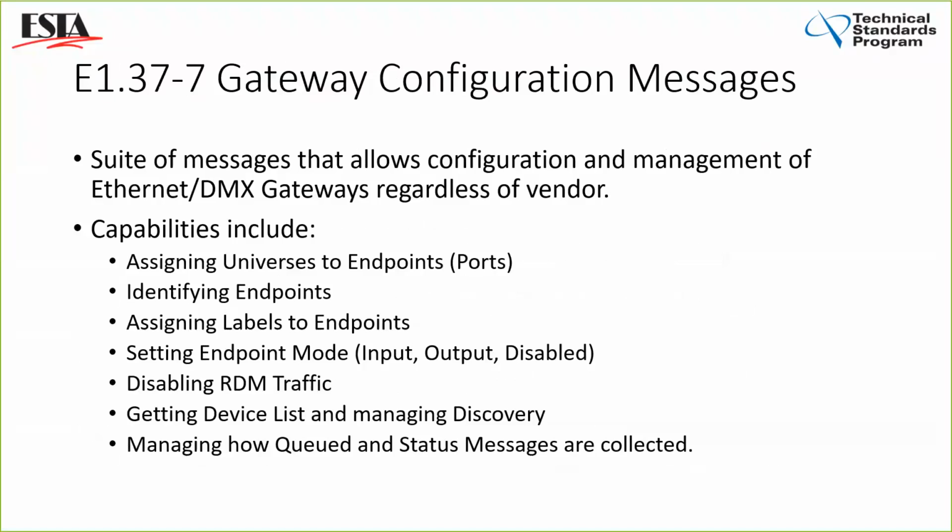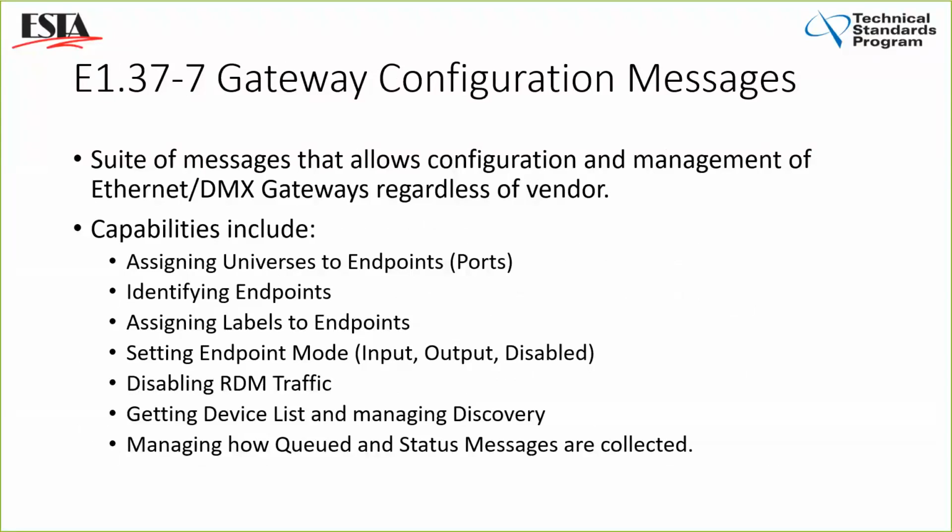On a gateway, you've got a number of ports on the back of it, and each one of those is aligned to a universe of DMX512 and RDM. So now we have standardized messages that allow us to configure and assign universes to those ports, to those endpoints.